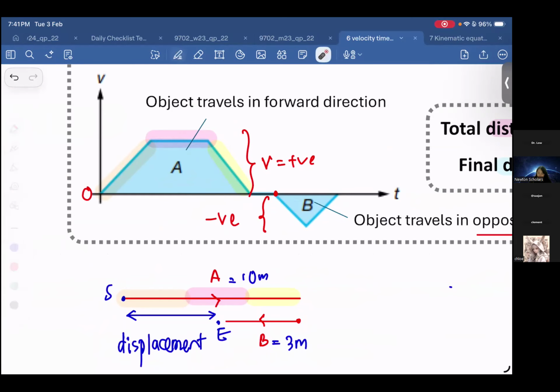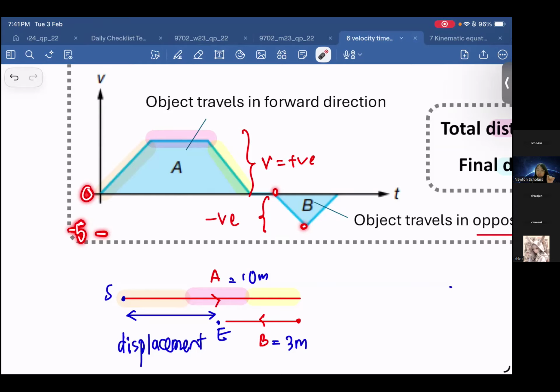Then for this part, what is the motion? Here velocity is 0. Here maybe negative 5, I just simply put some value. Is it slowing down? My answer is no. It is increasing velocity, it's acceleration. Why, teacher? Because this is 0, then it increases to 5 meters per second.